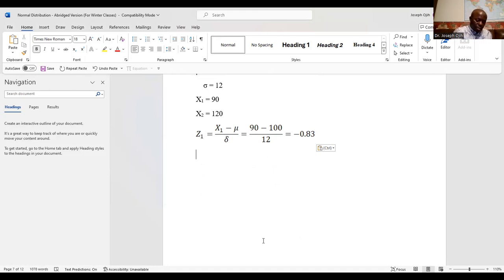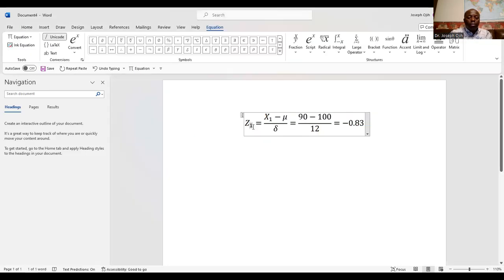So this time around we use z2 equals x2, so it's 120 minus 100 divided by 12.